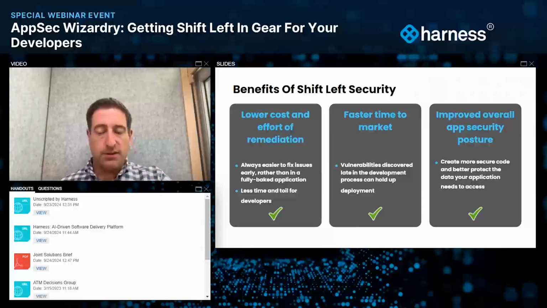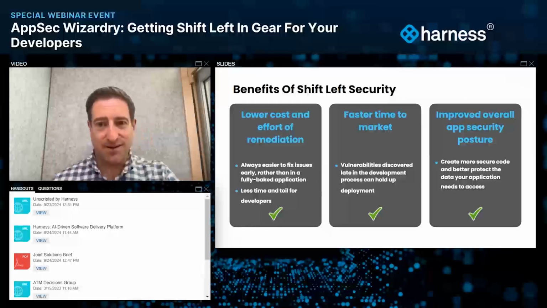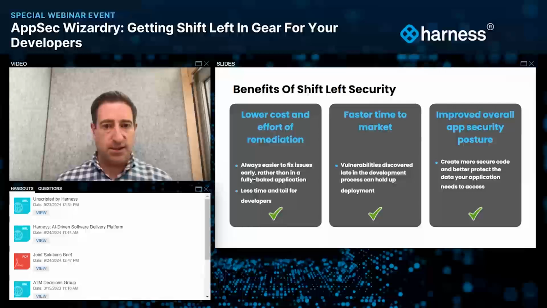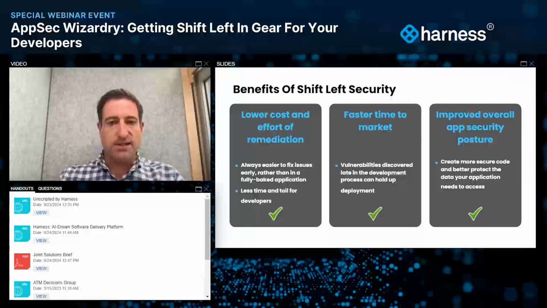And overall, you're creating and delivering more secure and better software. Again, the more vulnerabilities you find early on, these are all obvious points, but immediate benefits of taking the time to figure out how to coordinate these three stakeholders in better integrating security solutions and practices throughout the pipeline.